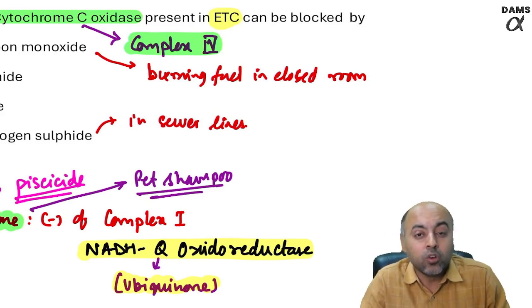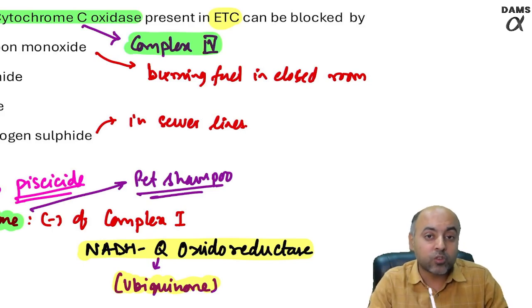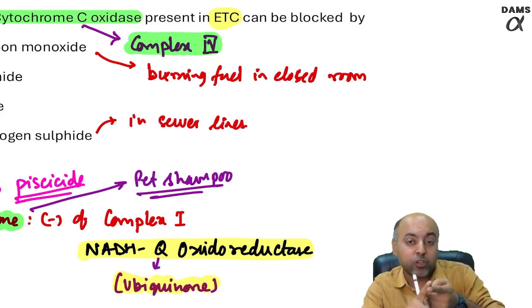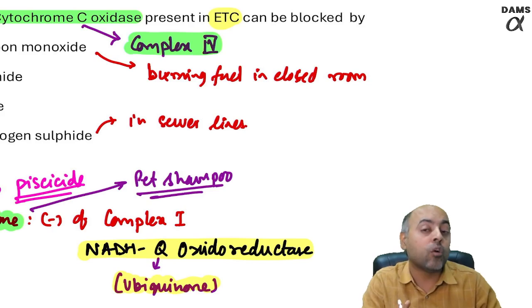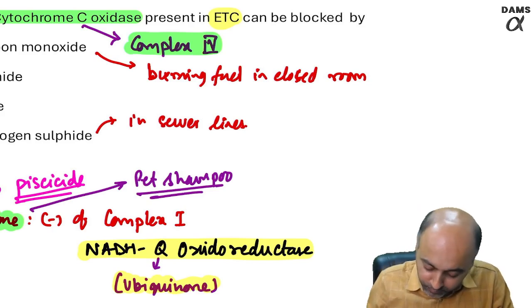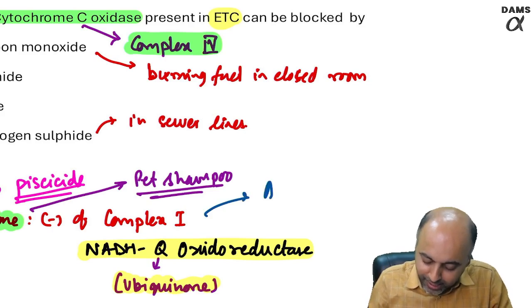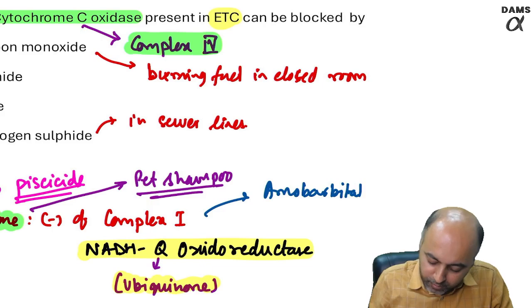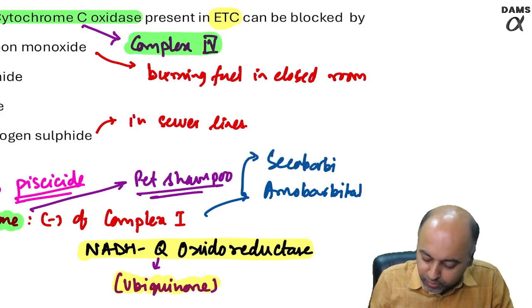So the question can mention NADH ubiquinone oxidoreductase, indicating complex 1. The other important inhibitors of complex 1 are amobarbital, secobarbital, or most relevant for you, phenobarbital.